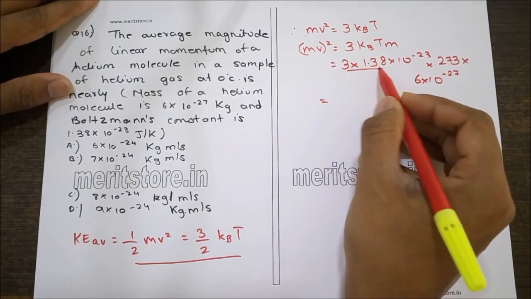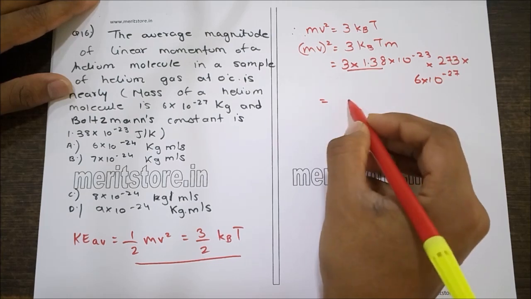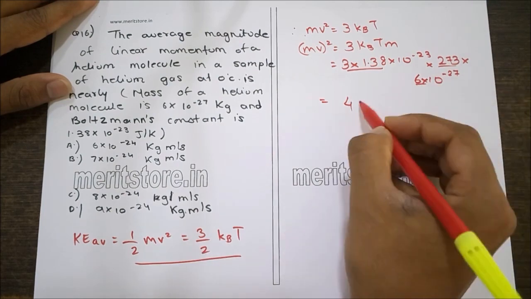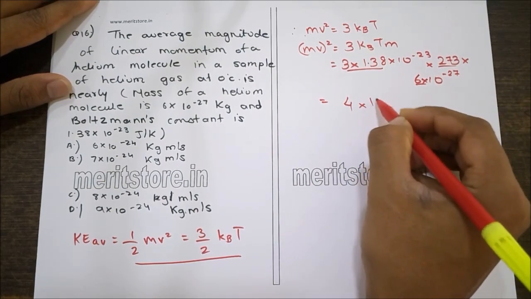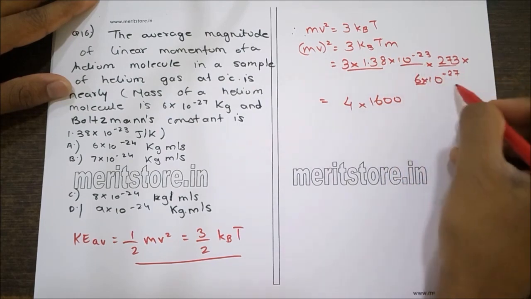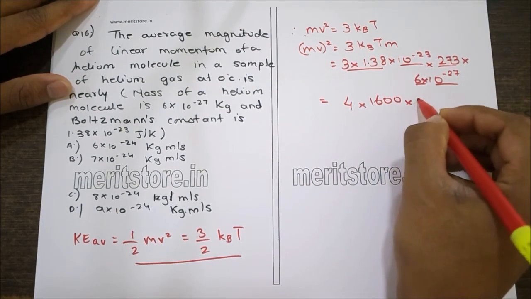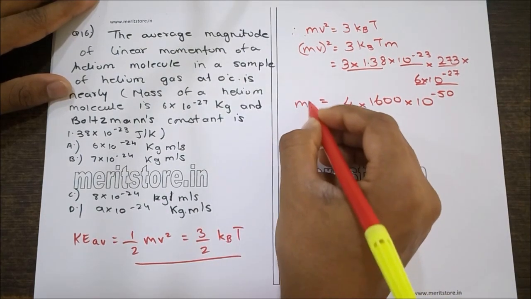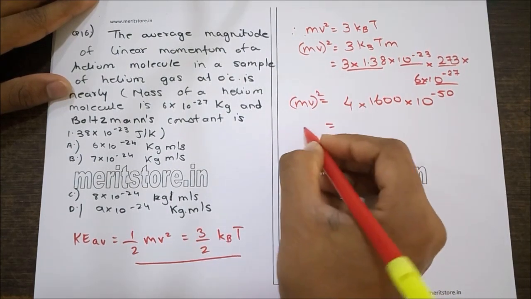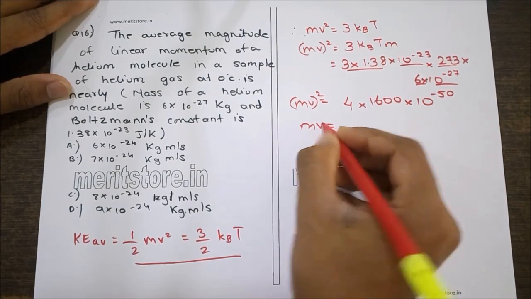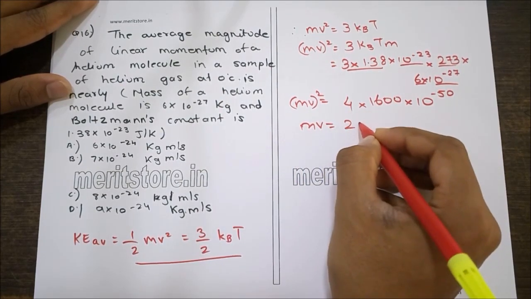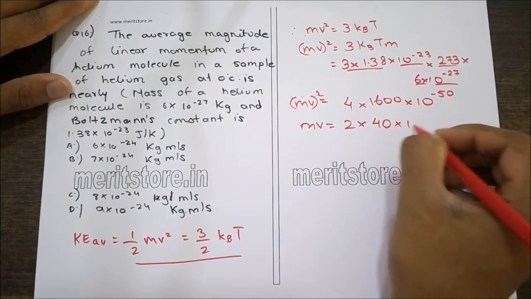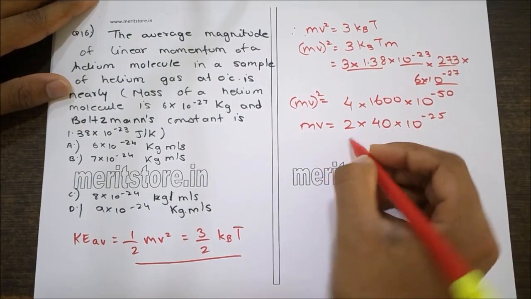So 3 into 1.38 can be roughly approximated to 4, and 273 into 6 can be approximated to 1600. 10 raised to minus 23 and 10 raised to minus 27 is a total of 10 raised to minus 50. So this is mv the whole square. Taking the root, we get mv is equal to root of 4 is 2, root of 1600 is 40 and root of 10 raised to minus 50 is 10 raised to minus 25.